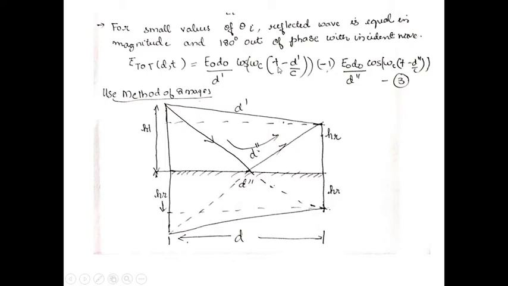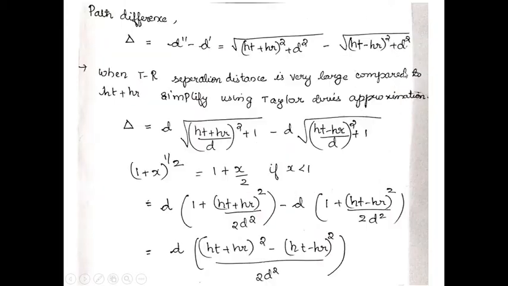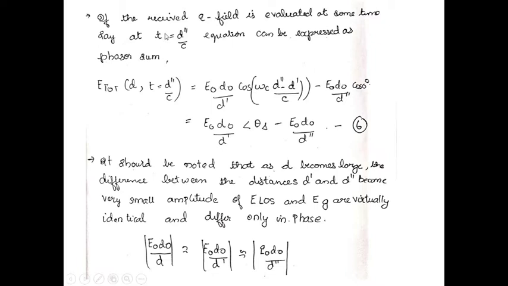So instead of t, I can replace it now with d double dash by c. So this particular term is going to become 0. That is, if you are taking t as d double dash by c, this particular term is cos 0. We know that cos 0 is 1. So at t equal to d double dash by c, the equation we express as such.